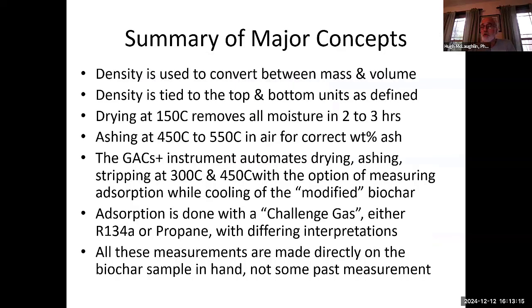So summarizing, the underlying idea is you got a shipment, you've got a char, you're either making it or bought it and you want to use it. We need to take that material into the lab and measure some properties of the sample.